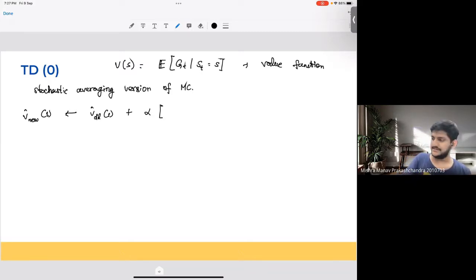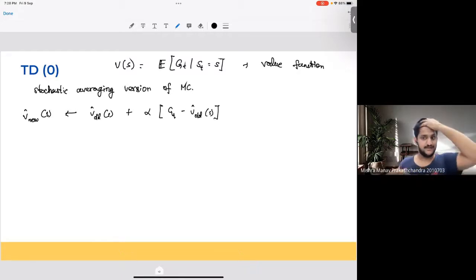Then this is G_t minus V. If I want to update my value function, instead of maintaining histories, I want to do it as and when I get new updates, like incremental updates.